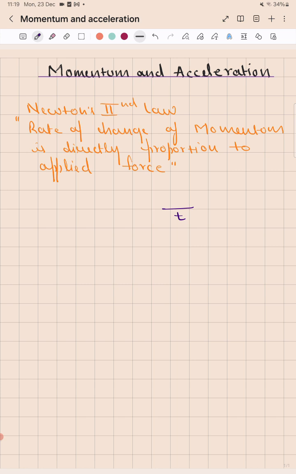Rate of doing work is called power, which means work done over time. So rate of means with respect to time, change in momentum. I'm making the symbol of change in momentum, that is delta. We use this delta for change. Although in maths we use it as a triangle, in physics we use this symbol for change. So the rate of change of momentum is directly proportional to applied force.